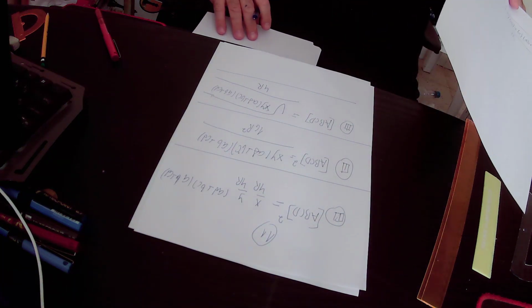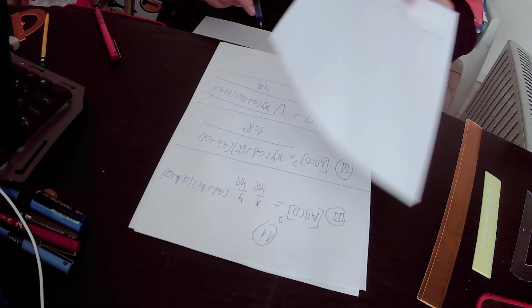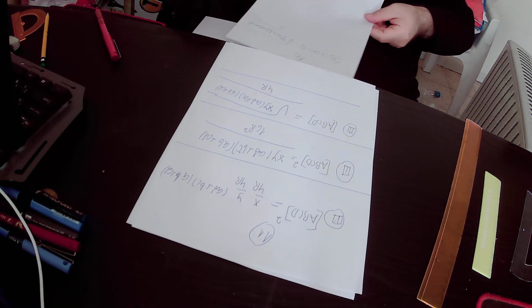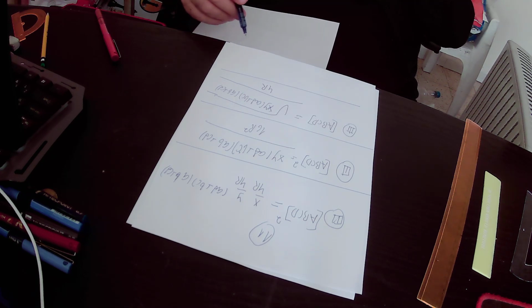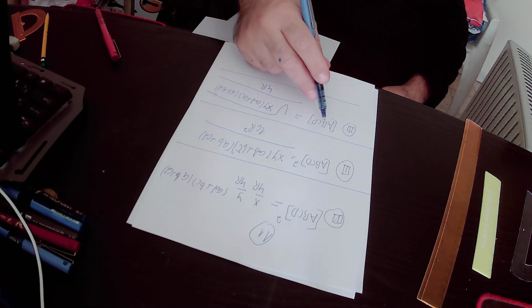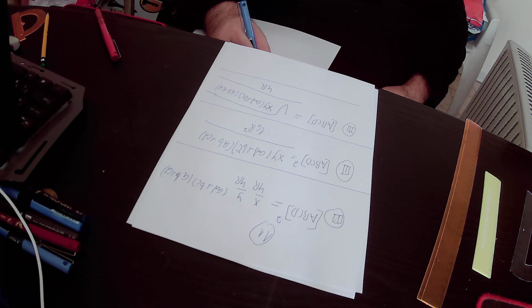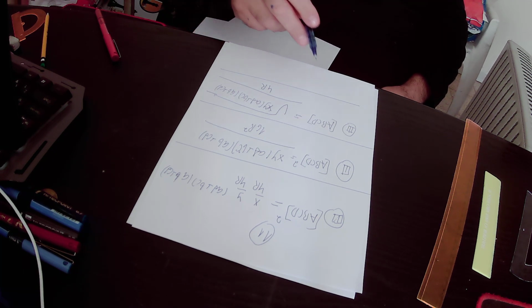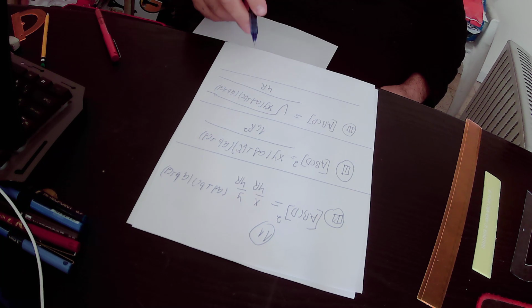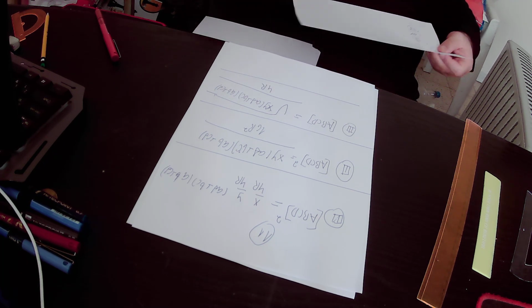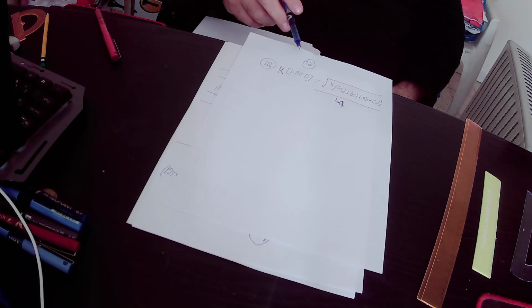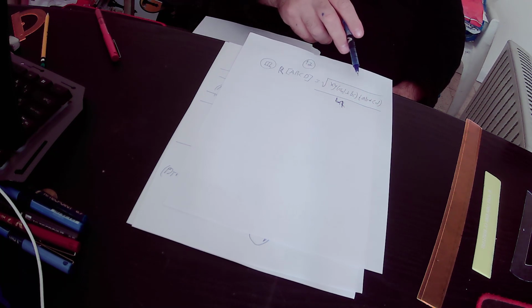So here we multiplied equation number 3 by r, and we got that the radius times the area of quadrilateral ABCD equals this expression over 4.